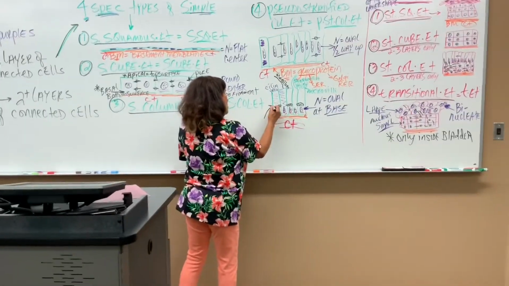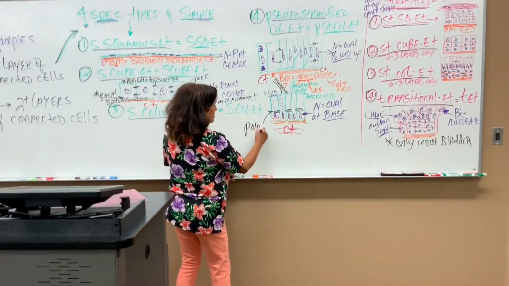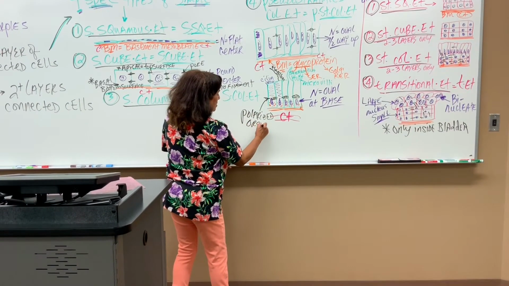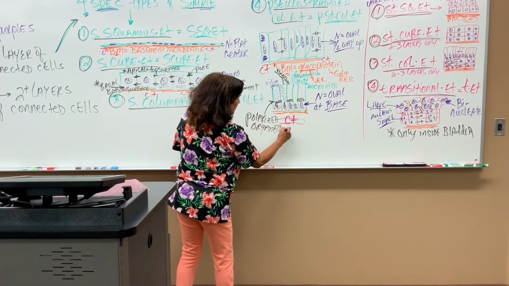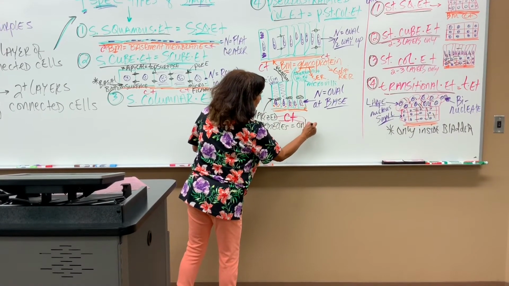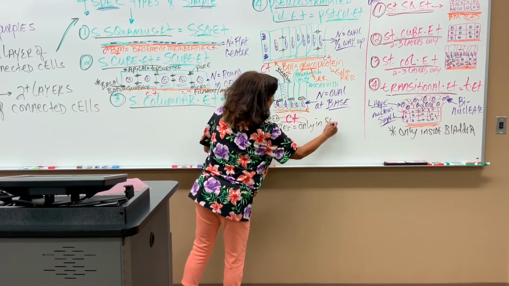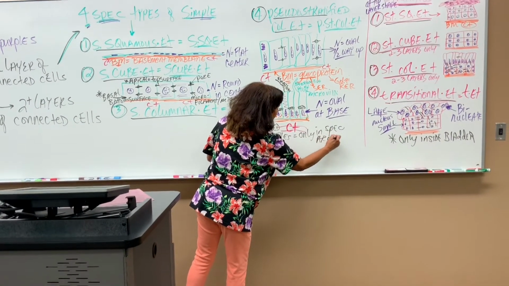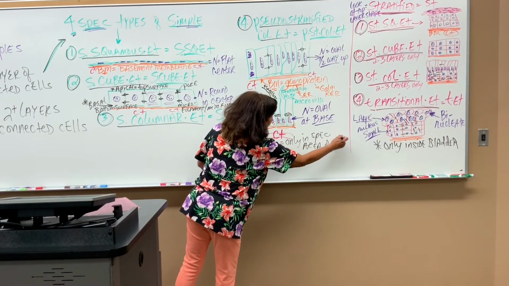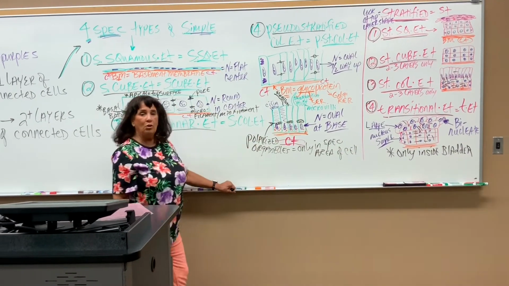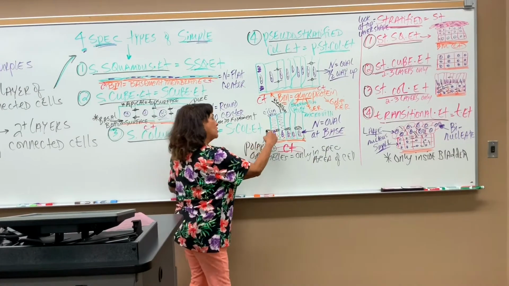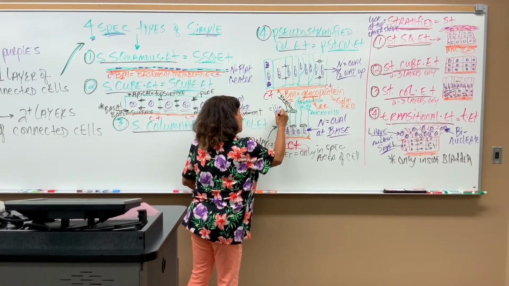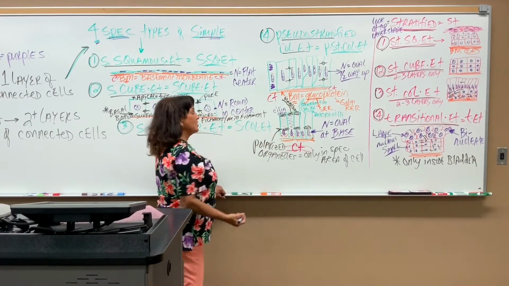And so polarized organelles means only in a specific area of the cell. They're not found floating all over. So the mitochondria can be only at the bottom, or you can have a lot of them up at the top if you have to bring a lot of stuff through.